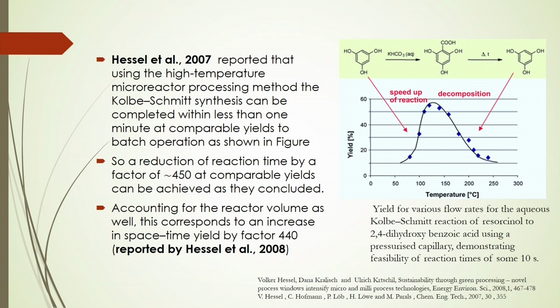A reduction of the reaction time by a factor of around 450 at comparable yields can be achieved, as they concluded. And this may account for the reactor volume as well. This corresponds to an increase in space time yield by a factor of 440, as reported by Hessel again in 2008.